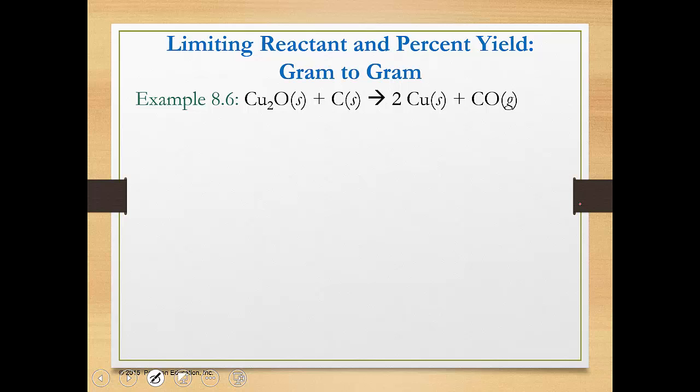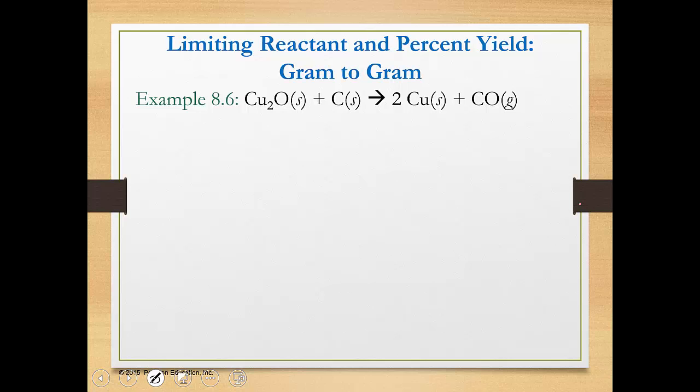But the idea here is that we have copper oxide, and it's copper 1 oxide. Okay, so if you look at that, there's Cu2O, so oxygen's a 2 minus, this copper has to be a 1 plus. Copper 1 oxide plus carbon, and that is going to yield 2 solid coppers and 1 carbon monoxide.